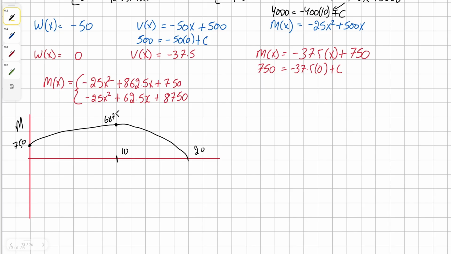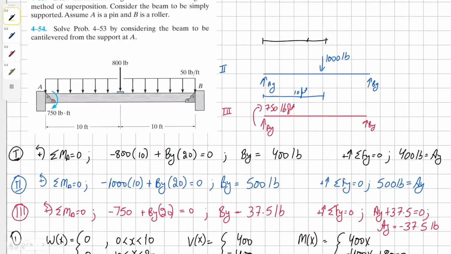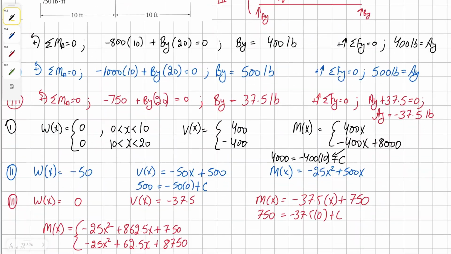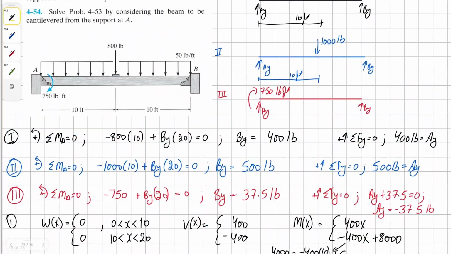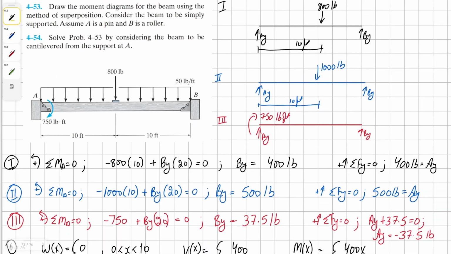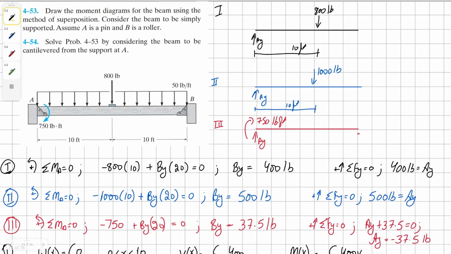It's going to be a second order curve, continuing downwards. And when I reach my 20 feet mark, I'm going to use my second equation, which takes me all the way to 0. The curve again is going to be second order, concaving downwards.